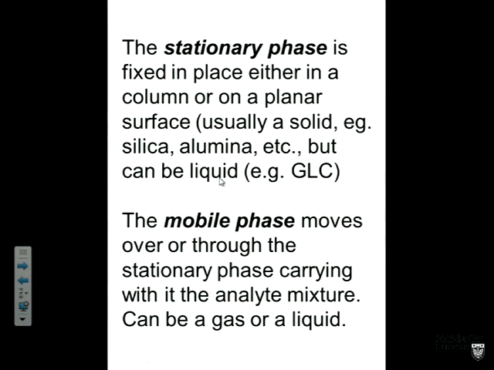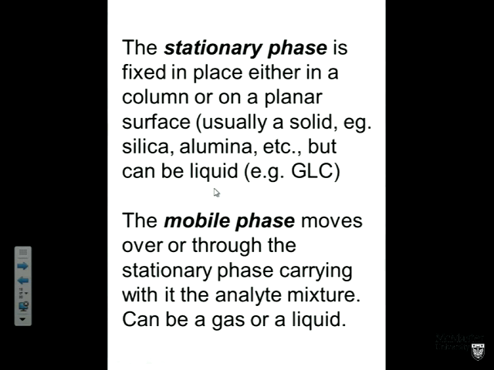How do we make a gas pass over a liquid? The liquid is actually coated onto the surface of solid particles, and the exchange process in GLC, gas-liquid chromatography, involves molecules partitioning between the gas phase, which is mobile and traveling, and the liquid phase, which is on the stationary particles, which is not moving.